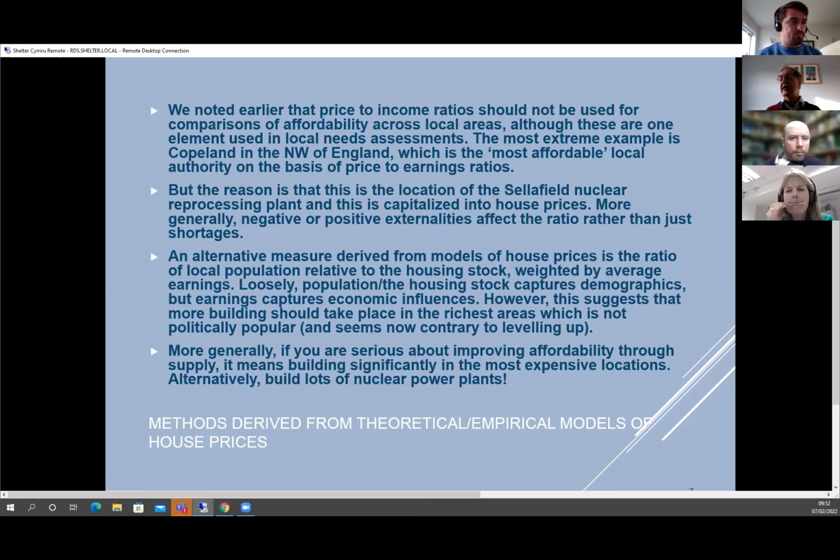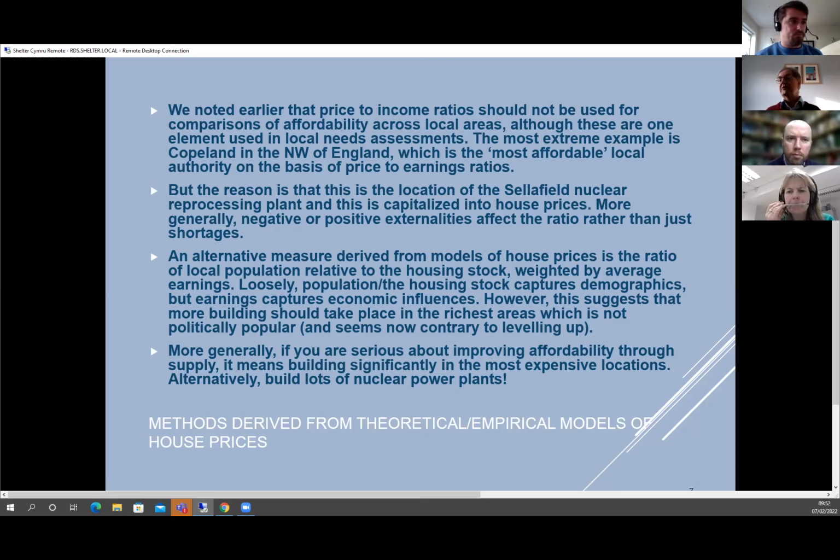In general, prices capitalize positive or negative externalities arising from the physical environment. I believe Wales is particularly worried about second homes. The nice physical environment of places in Wales is going to be capitalized into house prices. Therefore, that measure could be biased.